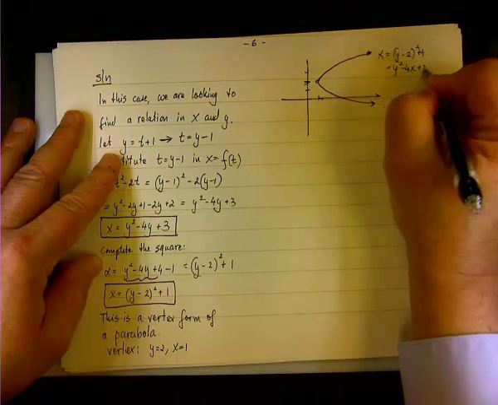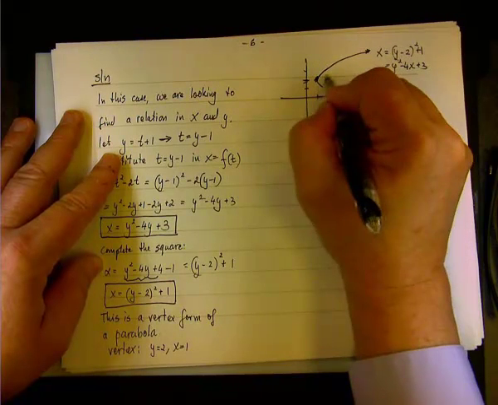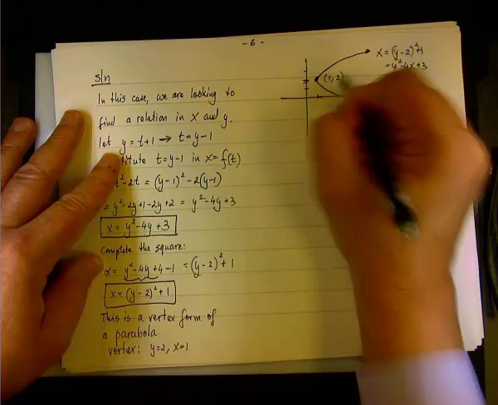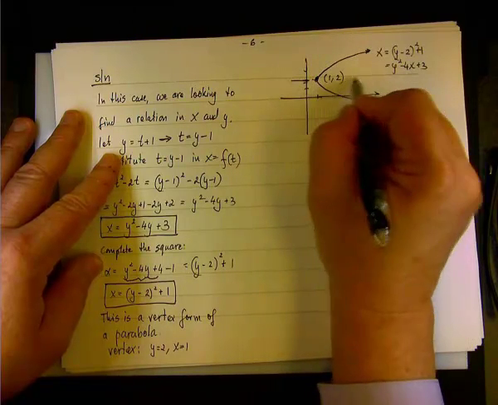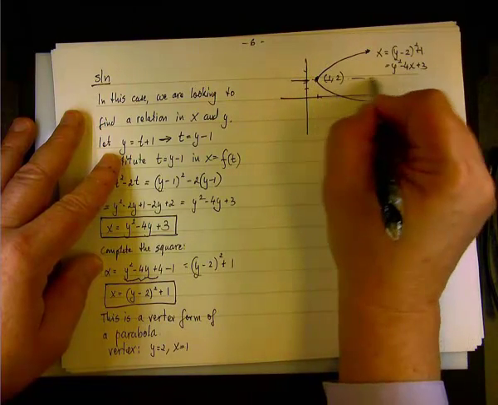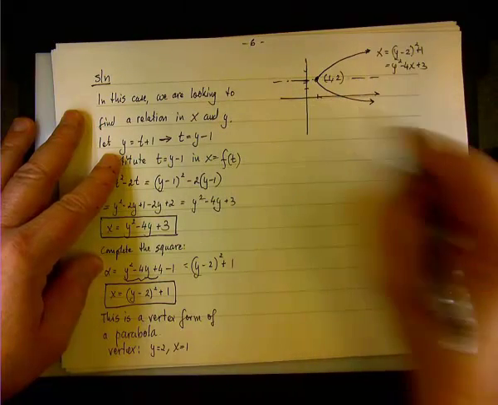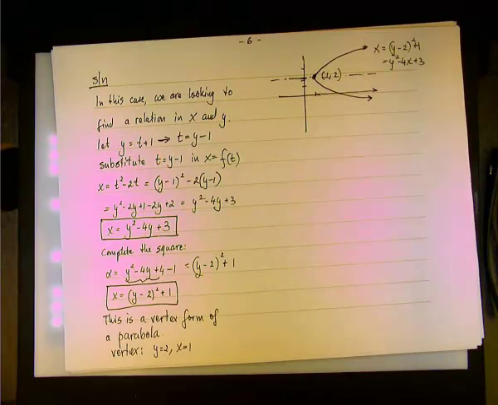Okay, so this is the parabola x equals y minus 2 squared plus 1, or x equals y squared minus 4y plus 3, where this point is x equals 1, y equals 2, and you can see the axis of symmetry is y equals 2. Right?